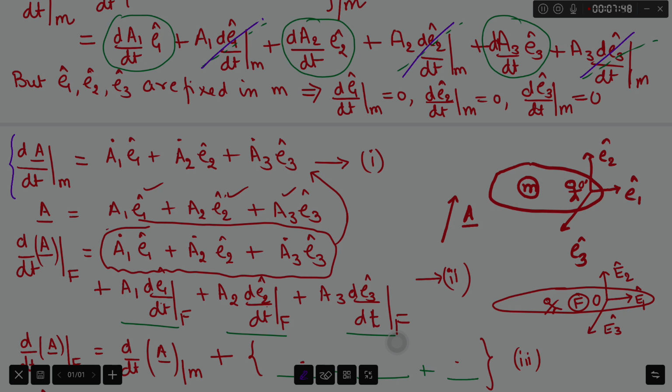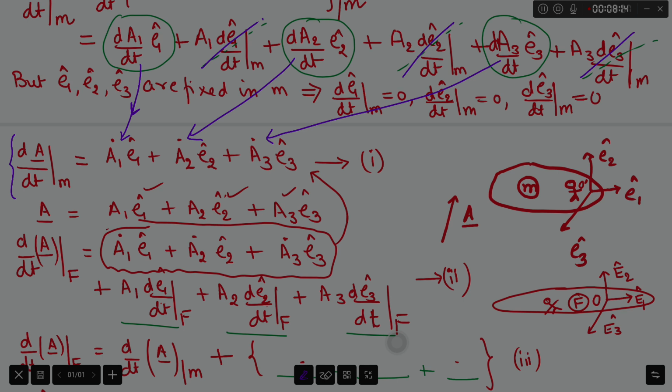Here I have also used the shorthand that dA1 dt I am simply writing as A1 dot, and then dA2 dt as A2 dot, and dA3 dt as A3 dot. I call this equation 1.